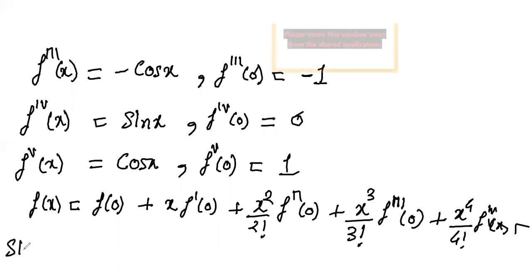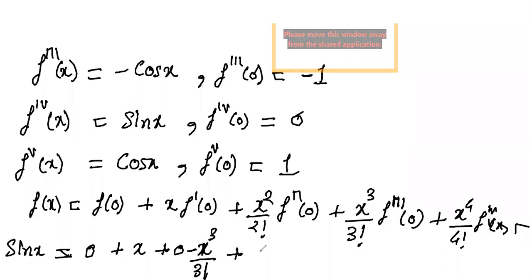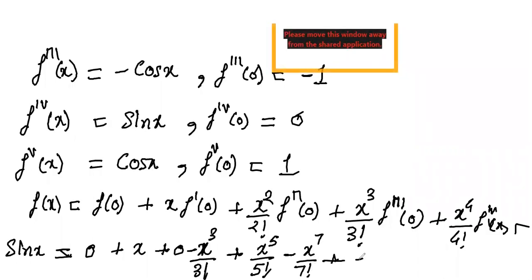So sin x is equal to: f of 0 is 0, then f dash 0 is 1, so x, then 0, then minus x cube upon 3 factorial, then plus x to the power 5 upon 5 factorial, minus x to the power 7 upon 7 factorial, and so on.